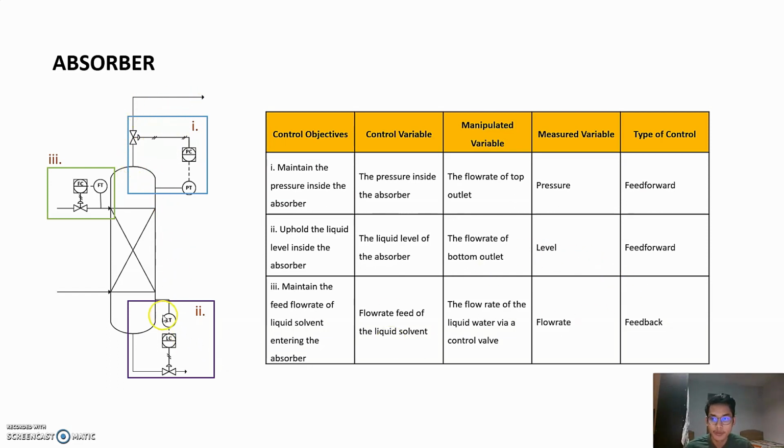Then we have a level controller. This level controller is to control the water level inside the absorber. It is also in feed forward, and it controls the water flow rate coming out of the absorber. Next we have a flow controller, which controls the flow rate of the liquid solvent coming into the absorber.